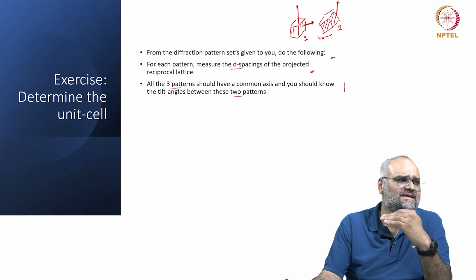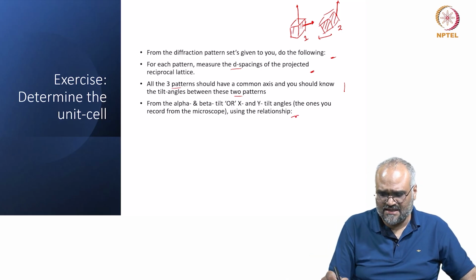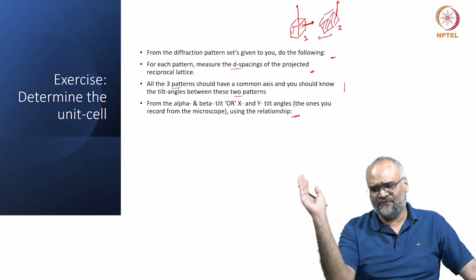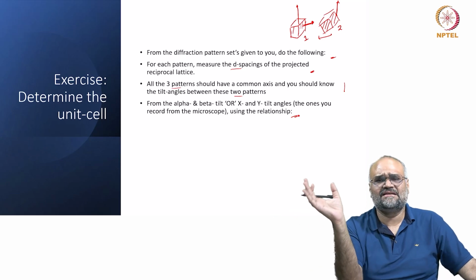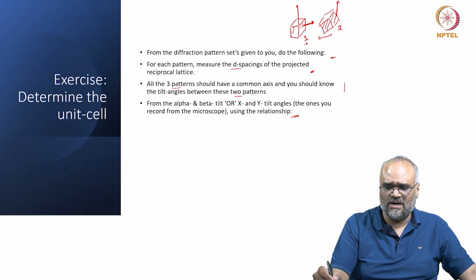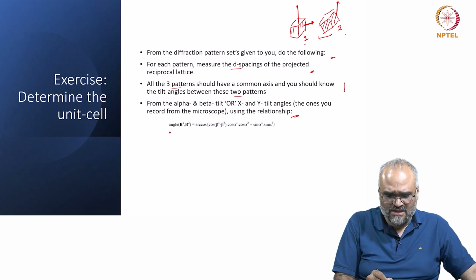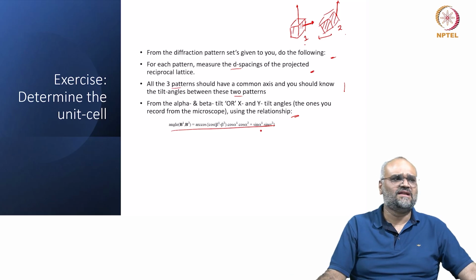So once I get these readings, I can determine the physical angle that your crystal is misoriented from condition 1 to condition 2 to get the new set of diffraction patterns, and you can determine this by using this kind of a relation.